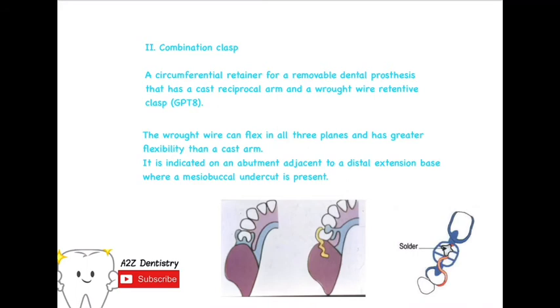And we don't want that. Therefore we are inculcating a bit of flexibility, so that this assembly can flex a bit and prevent the retentive terminal from coming out of our undercut, and also it will minimize all the excessive stresses which are concentrating on the abutment.